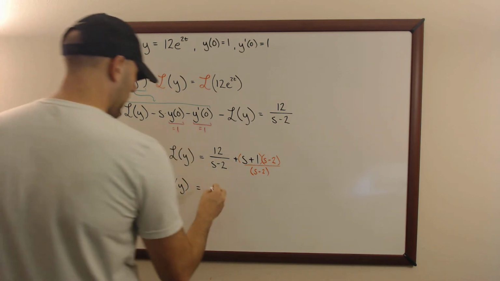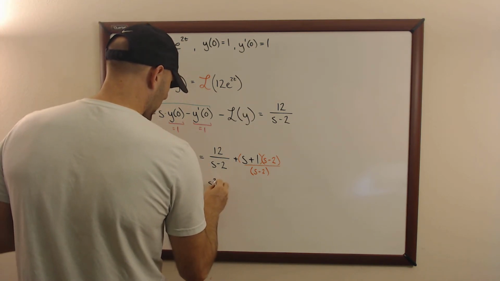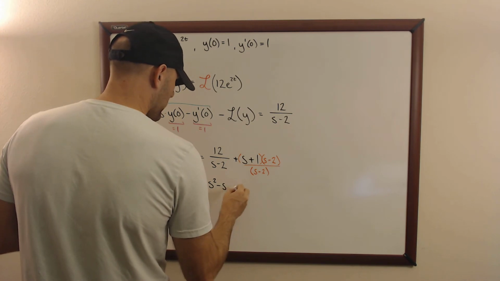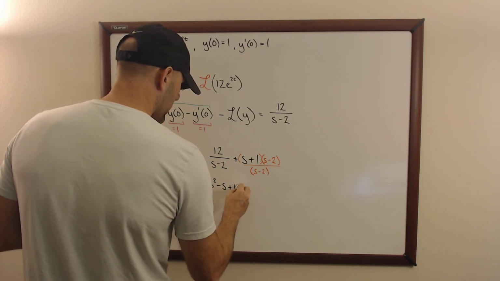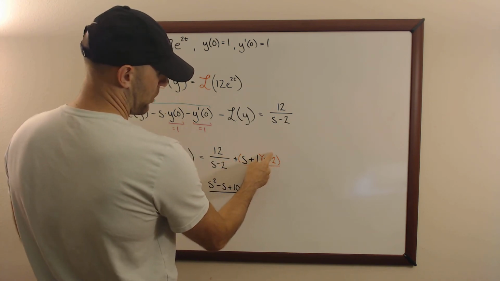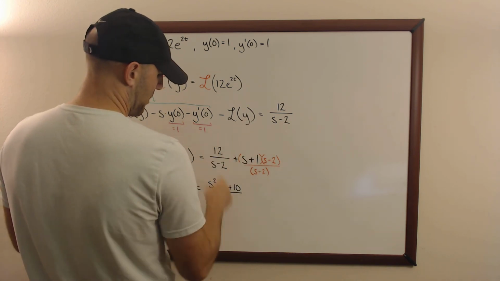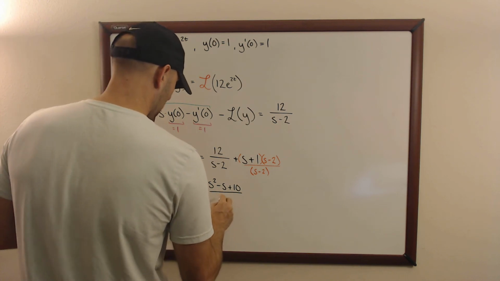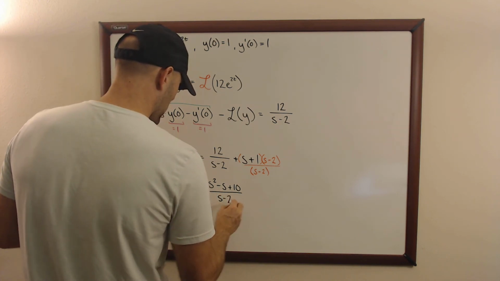All right, so that gives me s squared minus s plus 10. Okay, so I get s squared minus s minus 2, but I got to add the 12 into the minus 2. That gives me positive 10, and this is all over s minus 2.